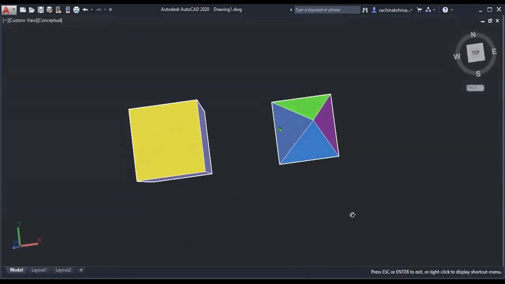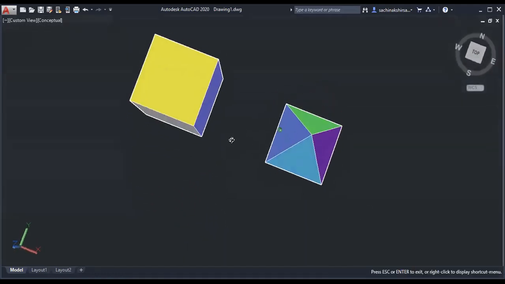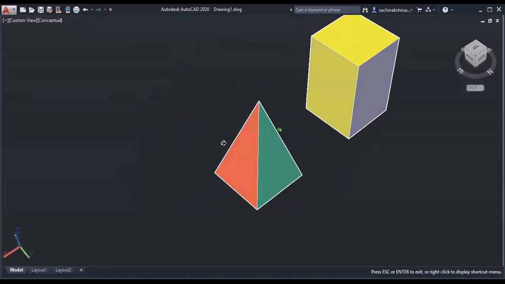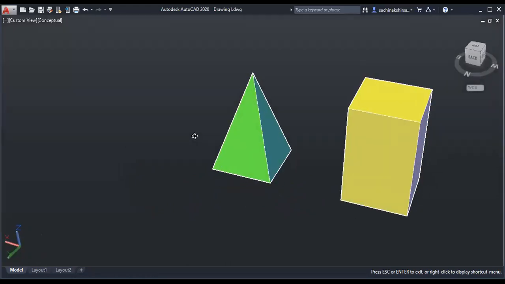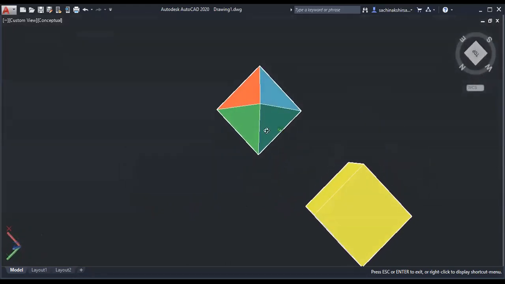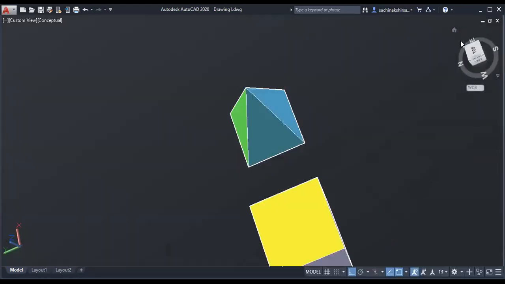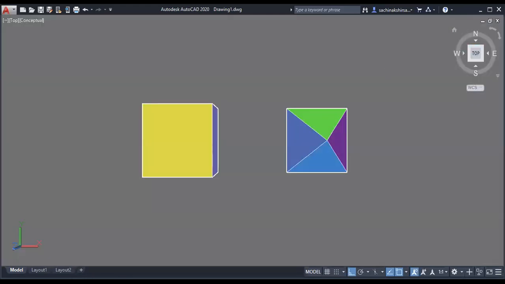So these are the objects, whatever surfaces are there for the square prism and square pyramid. One side it is a square prism and the other one is what? Square pyramid. Once you see its top view, you will come to know that there is a change of surface.